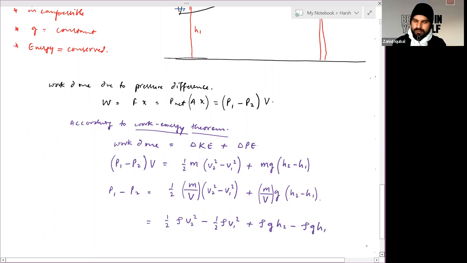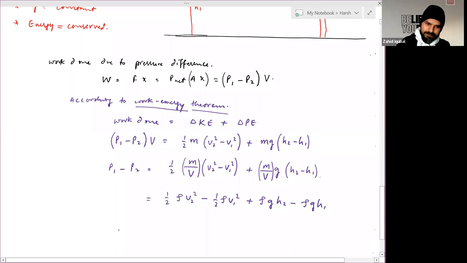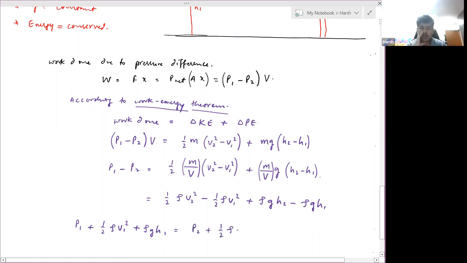Now move the quantities having the same subscript to one side. So it will be P1 plus half rho V1 square plus rho g H1 must equal P2 plus half rho V2 square plus rho g H2.